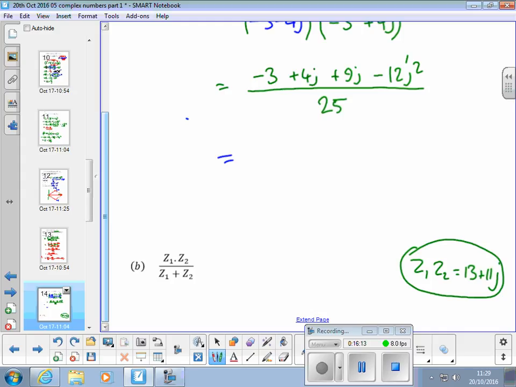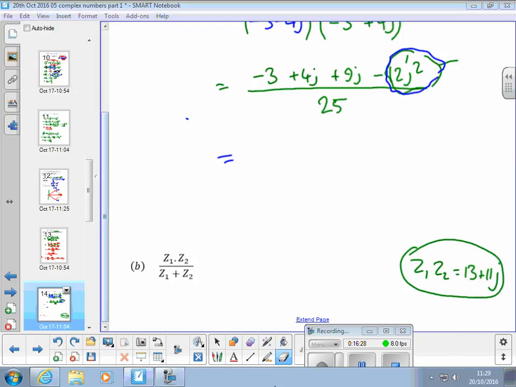what does the j squared do to that? Makes it plus 12. So minus 12j squared becomes plus 12. Yep.